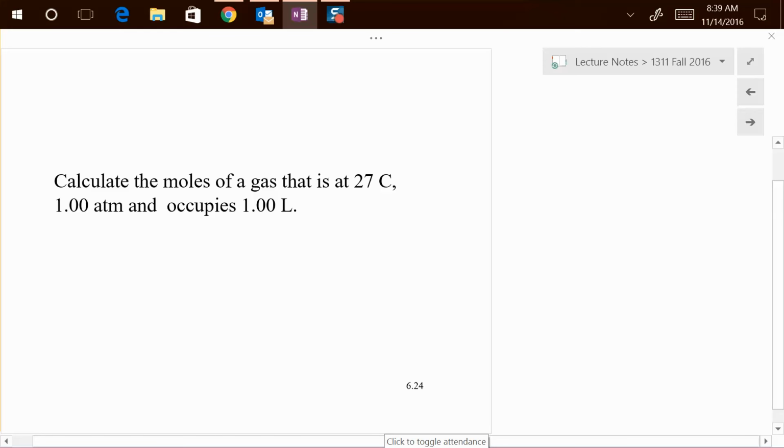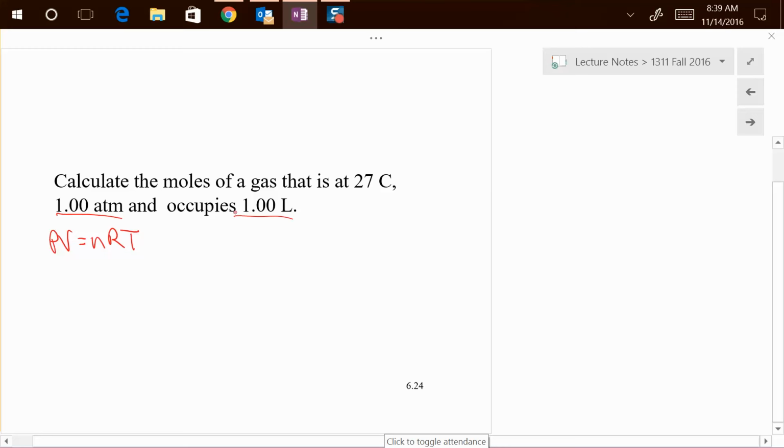Calculate the moles of a gas that is at 27 degrees Celsius, 1 atmosphere, and occupies 1 liter. So is there change in this question? No change. So which law do I use? PV equals nRT. Do I have the pressure? Yes. Do I have the volume?